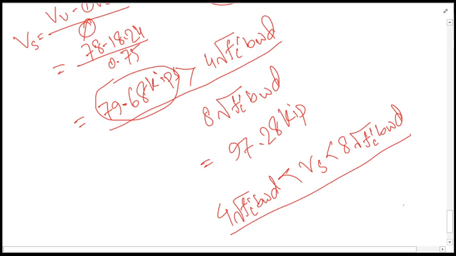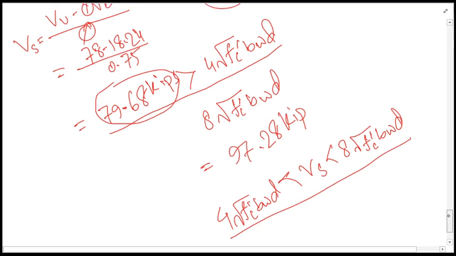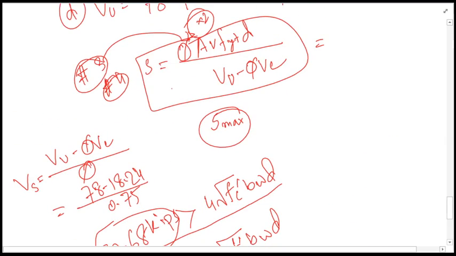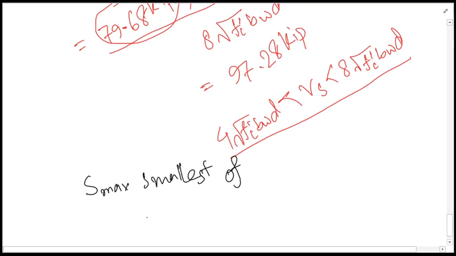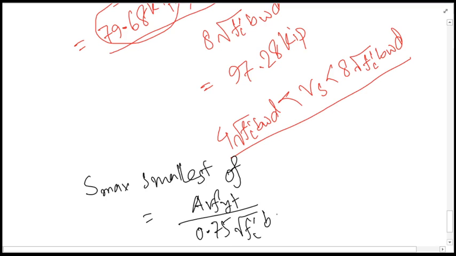If this case governs, then you will have to check the obtained value of s with the s max of another formula. The s max here will be the smallest of, again in this case, Av fyt divided by 0.75 root fc prime bw, less than or equal to Av fyt divided by 50 bw.